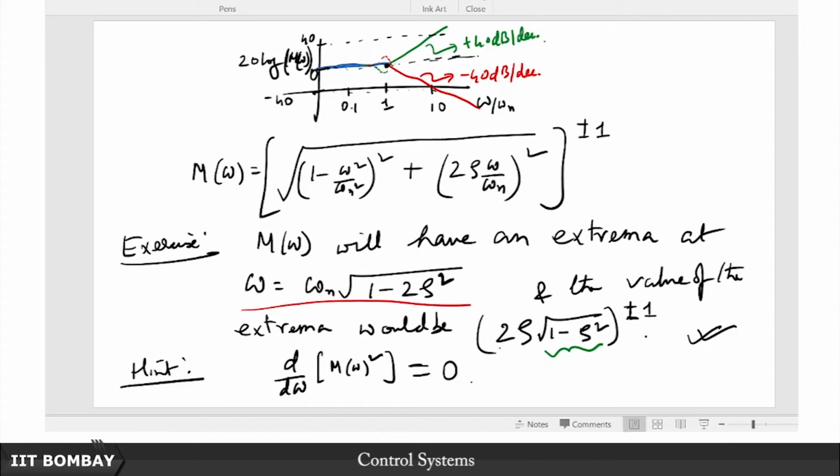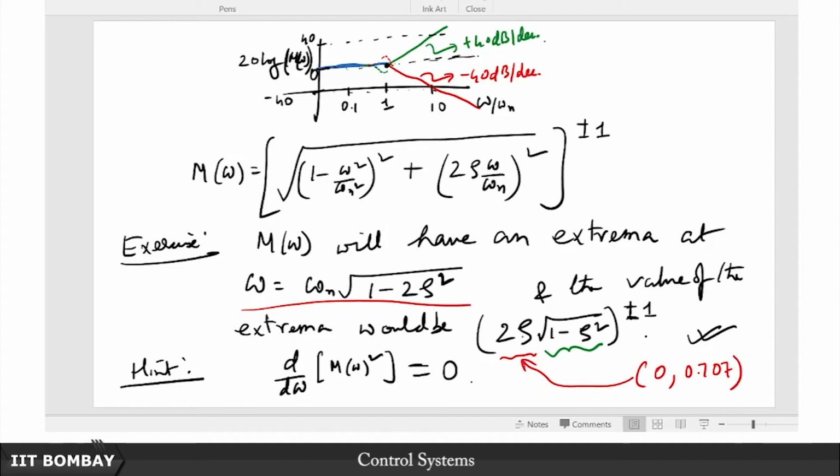On the other hand, consider this factor as you keep changing zeta from 0 to 0.707. Of course, you cannot make it exactly 0, otherwise this will be undefined. So, we are interested in the variation over the open interval from 0 to 0.707. If you look at how this factor changes within this range, you see that there is a huge change.